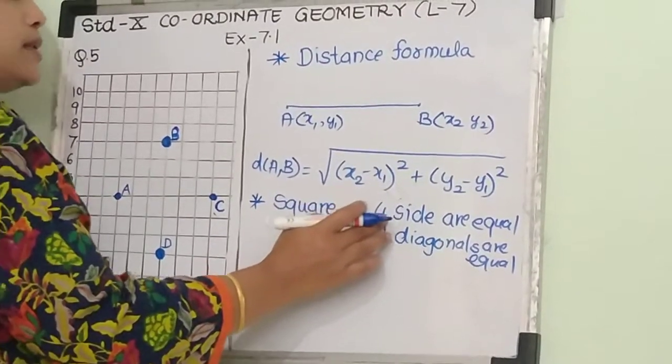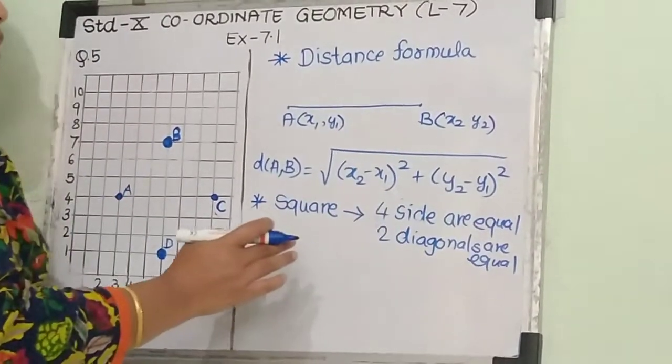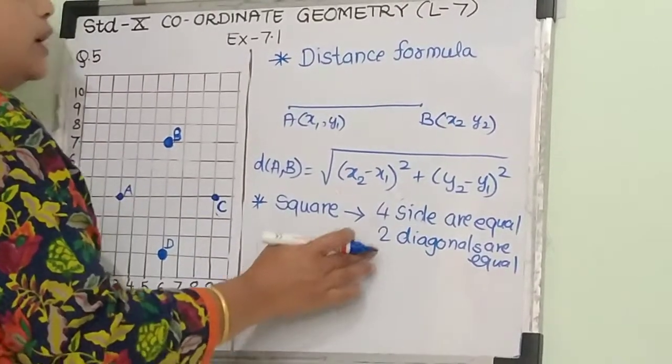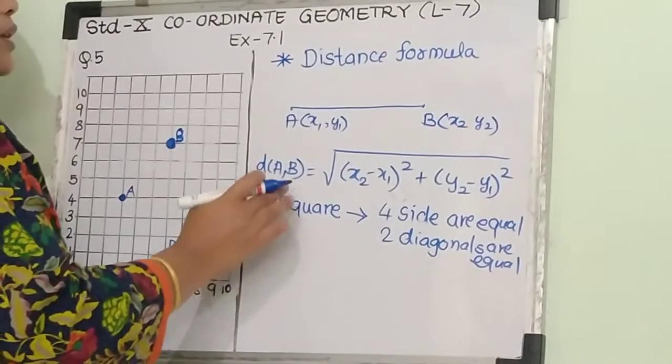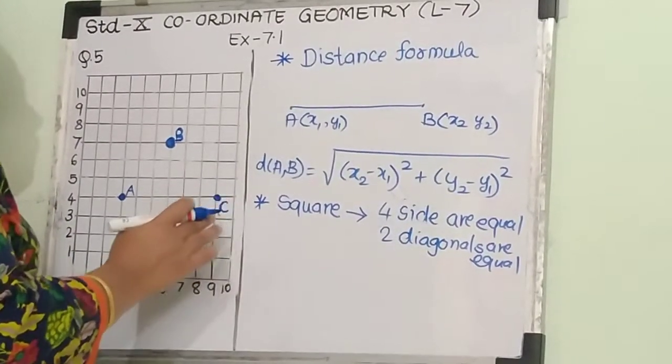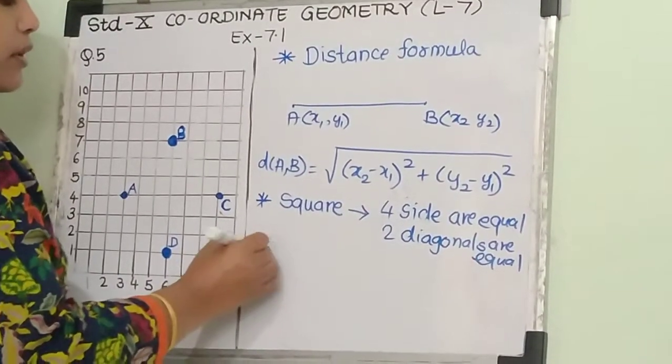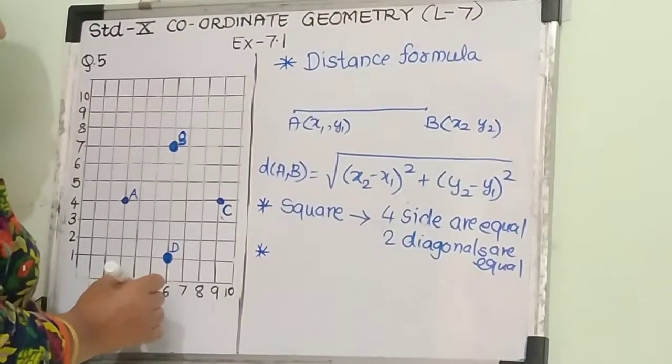If the measures of the 4 sides are equal by using the distance formula and the diagonals are equal, then we say that the given points are the vertices of a square. So it is the criteria for finding a square.